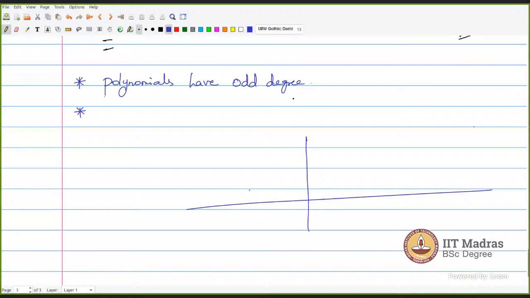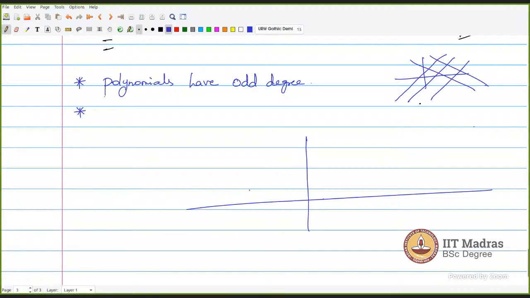Okay. So there are 4 cases in our polynomials. In straight lines, we have only 2 cases: either your slope is positive or your slope is negative. If the slope is positive, it will be inclined like this; if negative, inclined like this.